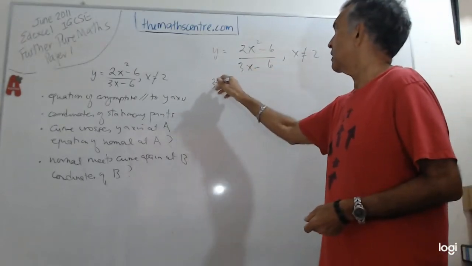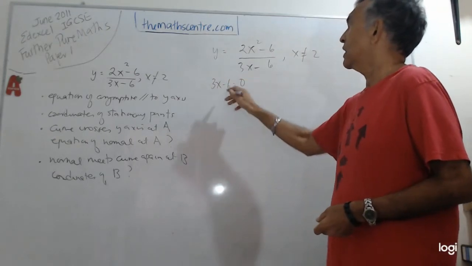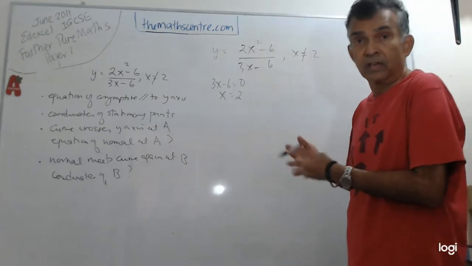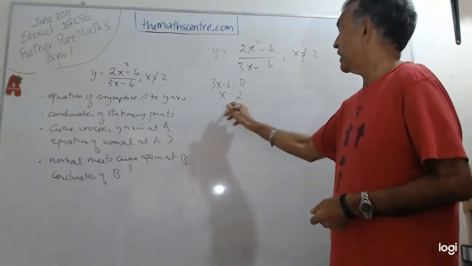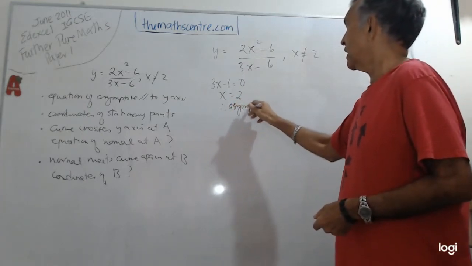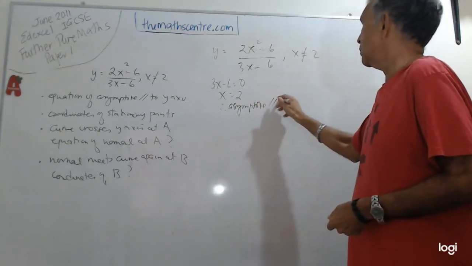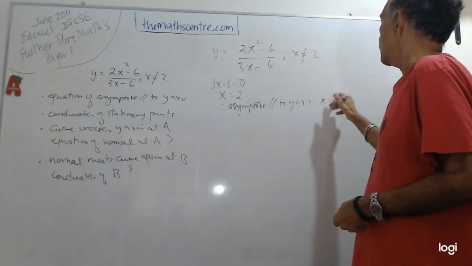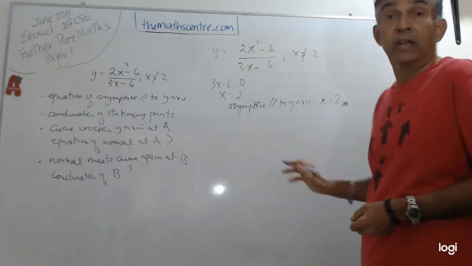So I have 3x minus 6 equal to 0, and therefore x equals 2. Therefore, the asymptote parallel to the y-axis will be x equals 2, and we are done.